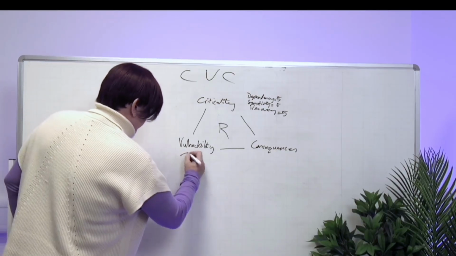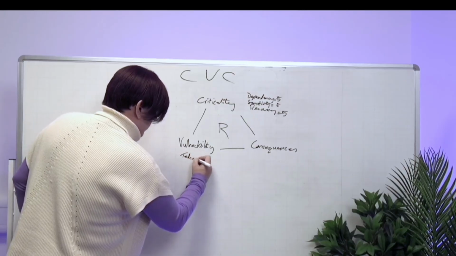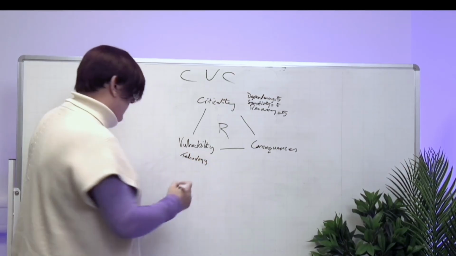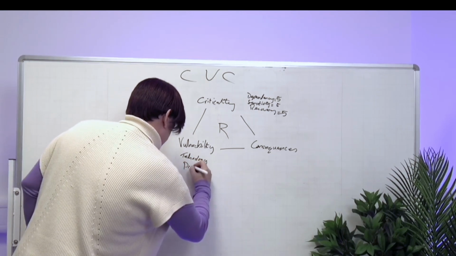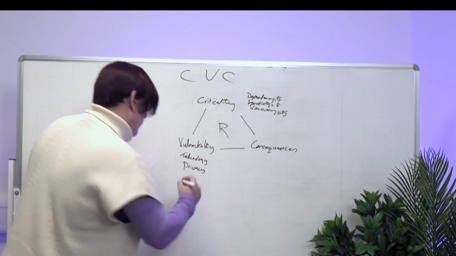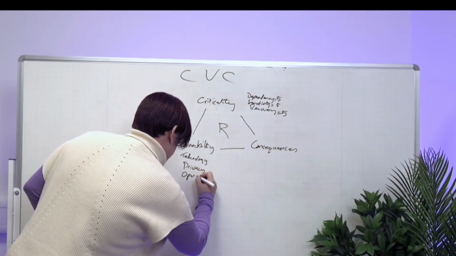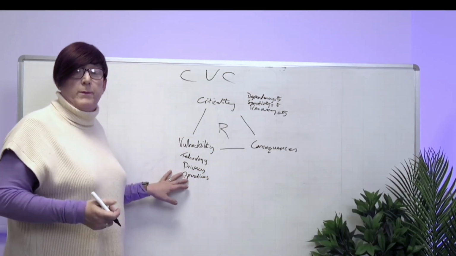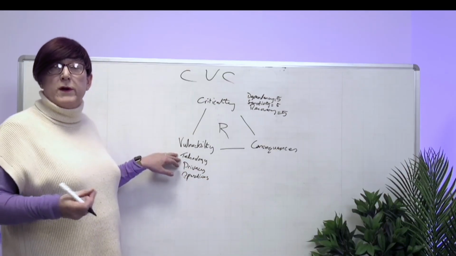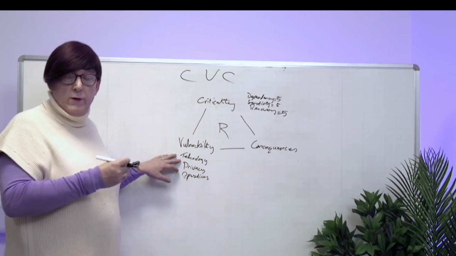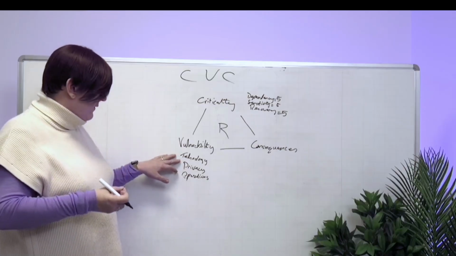Now, when we look at vulnerability, we're measuring technology, privacy, and operations. So we're talking about the technology that they use or we use with them. So it's a two-way relationship.